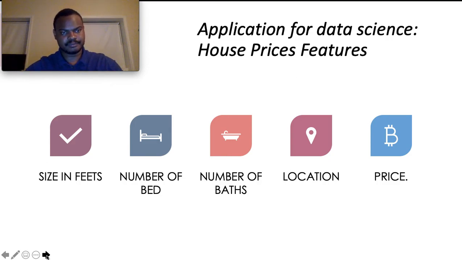Based on the size, the number of beds, the number of baths, and the location, I tried to predict the price of the house using regression algorithms. Regression, like we mentioned in the last class, is a subfield of supervised learning, and is just a way to train models using input to an output.